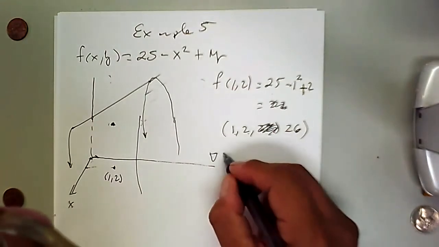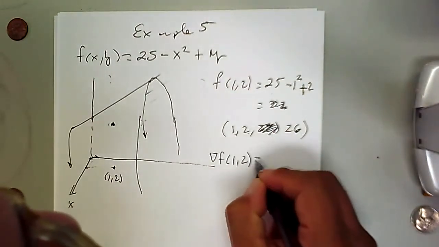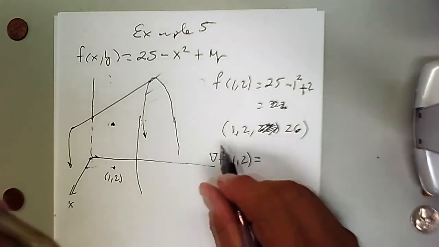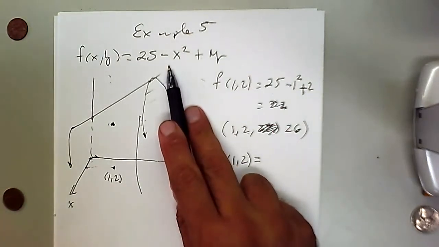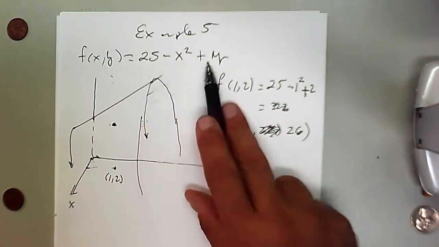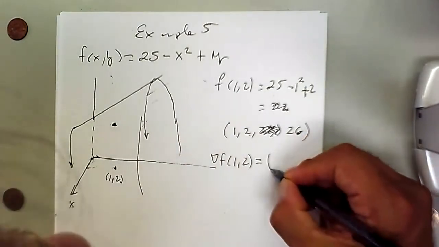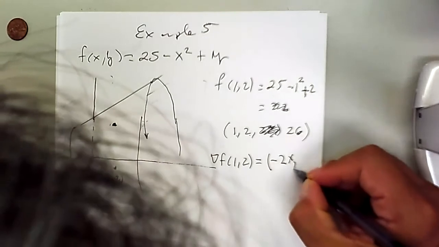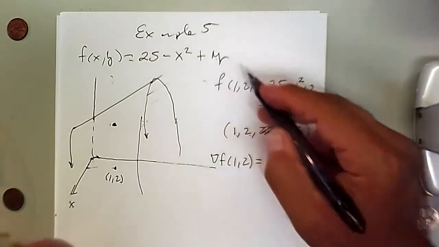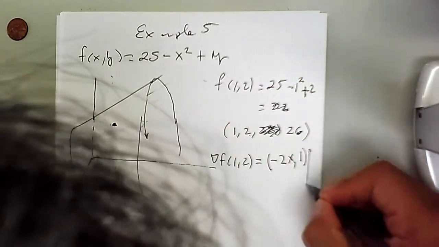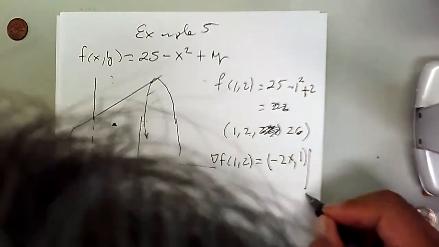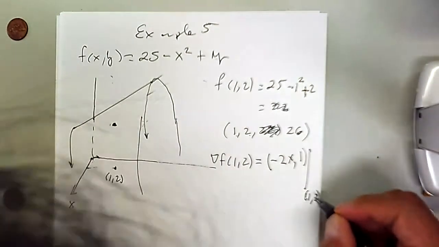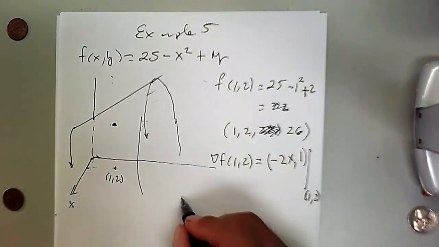So the gradient of the function at 1, 2, well, if we find the gradient first, we end up with negative 2x, comma, 1. And then we're going to plug in 1, 2. Let me write it again.